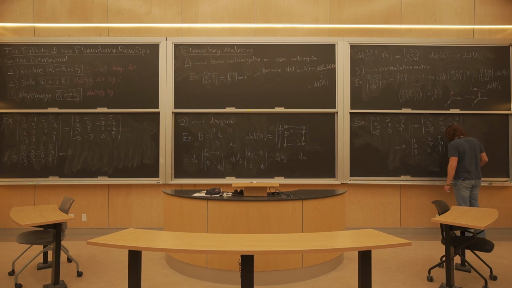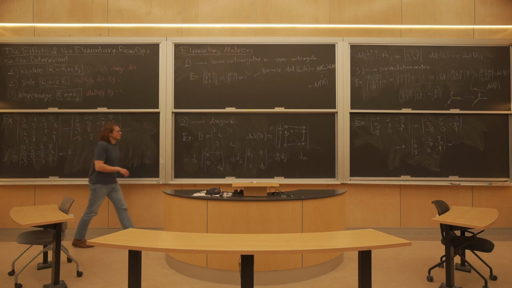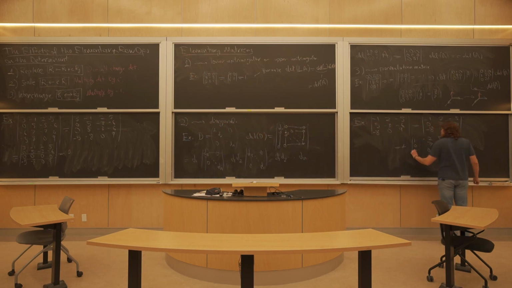So let's use the first column, 1, 0, 8. So that's a plus, minus, plus. This means that I'm going to have 1 times the determinant of a 2 by 2 matrix plus 8 times the determinant of some other 2 by 2 matrix.